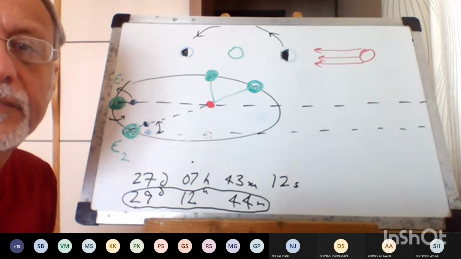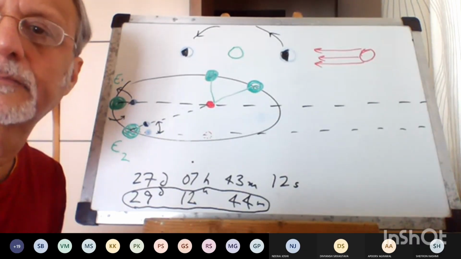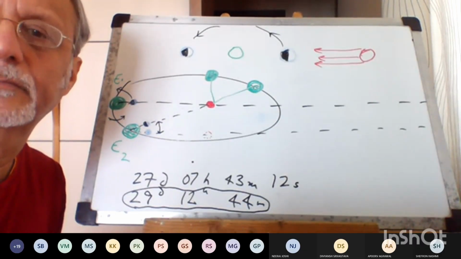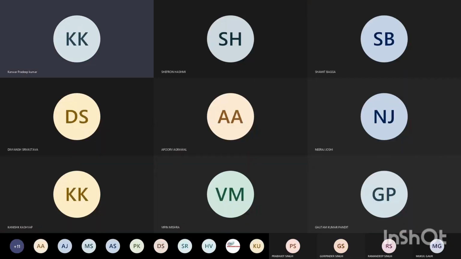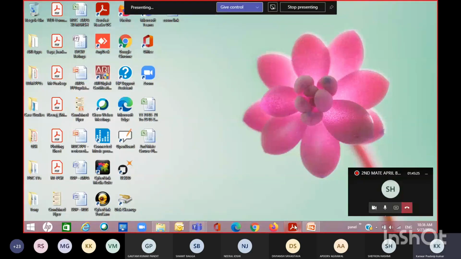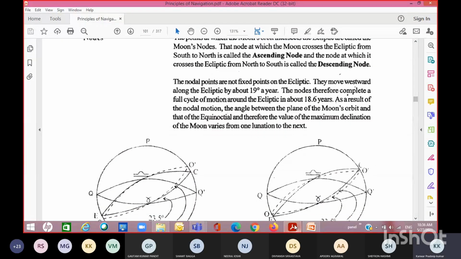So I'll just switch off the camera and share the screen. Are you able to see this picture now? Nodes? Yes, sir.